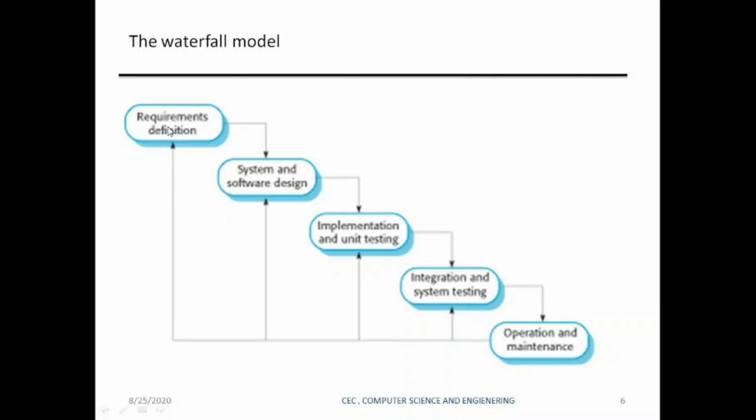In this waterfall model, we have 5 stages: requirement definition, system and software design, implementation and unit testing, integration and system testing, operation and maintenance. These are the 5 steps in the waterfall model.